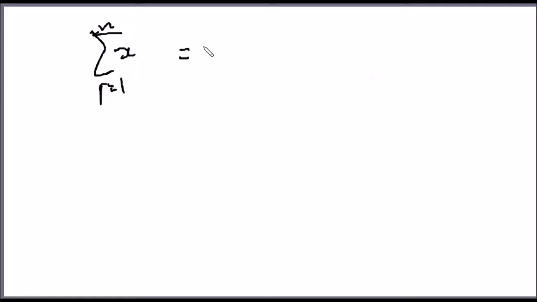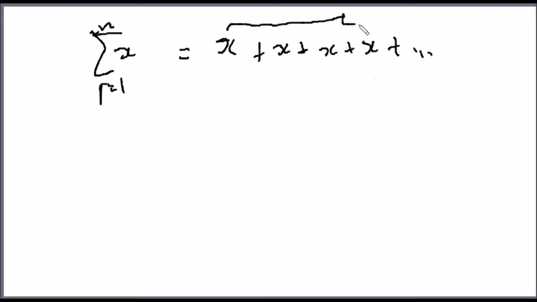Imagine x is a constant, so that just equals the first x plus the second x plus the third x plus the fourth x and so on, and actually that is just x plus x n times, which equals nx.